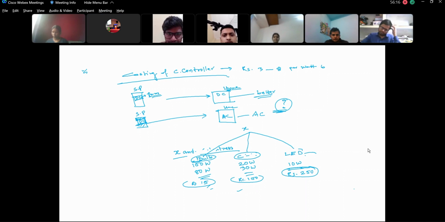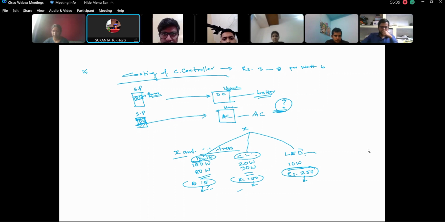But if we calculate the overall expenditure for, suppose, 1 year, then we can see that the overall cost will be more for this kind of bulb because its energy consumption is more.